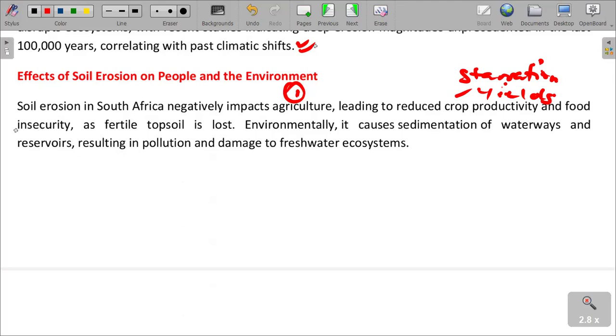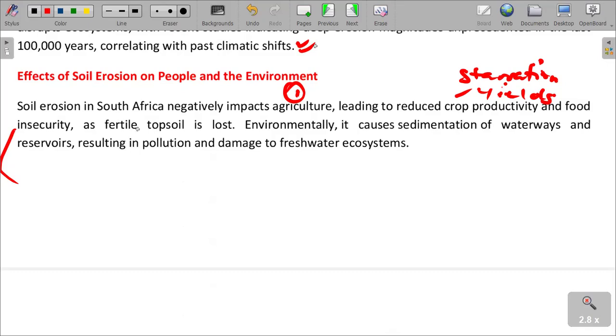We have talked about food insecurity and it remains a serious subject in South Africa. We talk about the inadequacy of food in South Africa, which is caused by reduced agricultural produce.